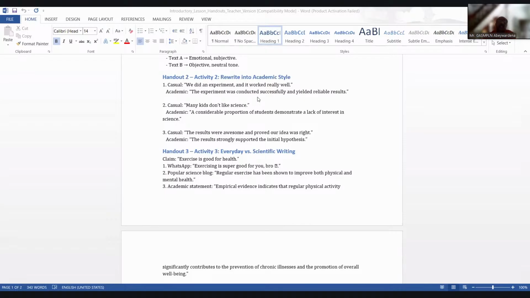The experiment was conducted successfully. Can you see passive? We don't use we. The experiment was conducted successfully and yielded reliable results. If you want, you can write it down.